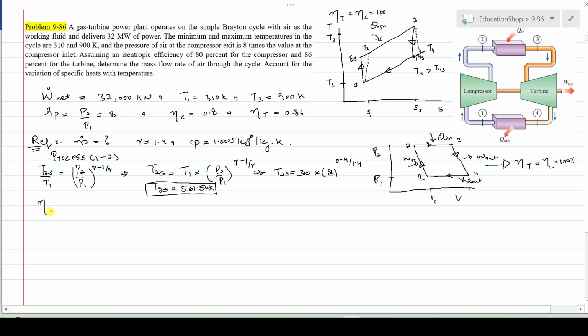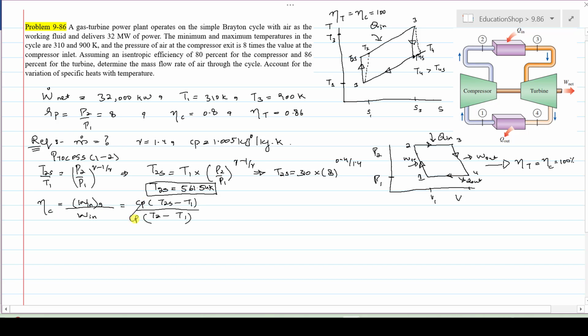Also, we know that the isentropic efficiency of the compressor is equal to isentropic work input divided by actual work input, and this isentropic work input is equal to Cp times (T2S minus T1) divided by Cp times (T2 minus T1). This T2 is the actual temperature after compression.